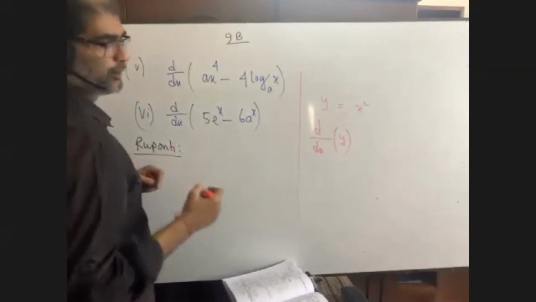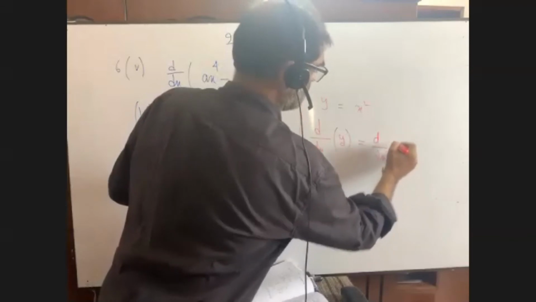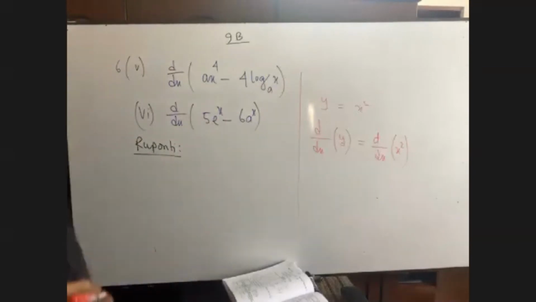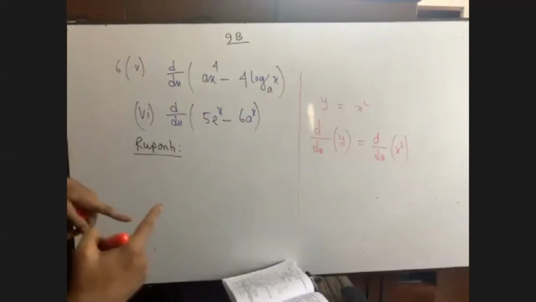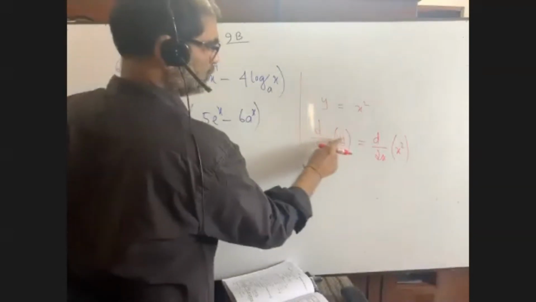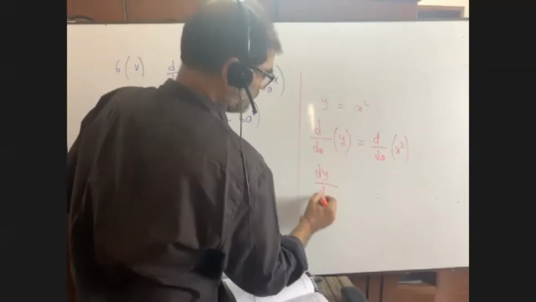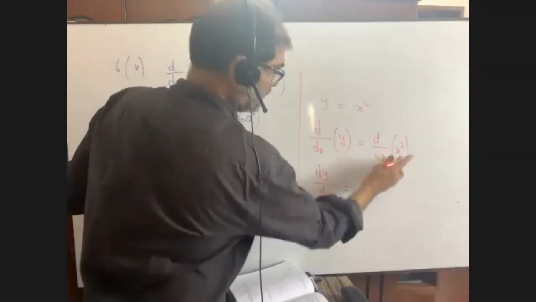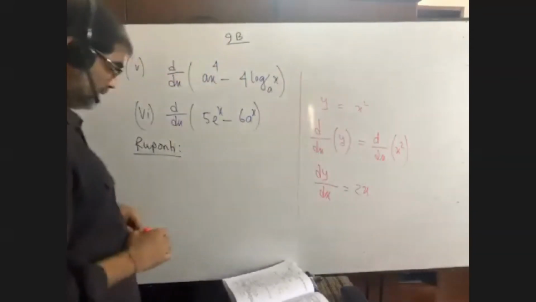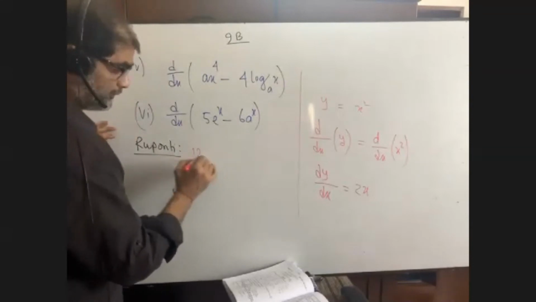I have taken d by dx to both the sides. You multiply d into y, it is dy by dx. And if we differentiate with respect to x, it will be what? 2x.